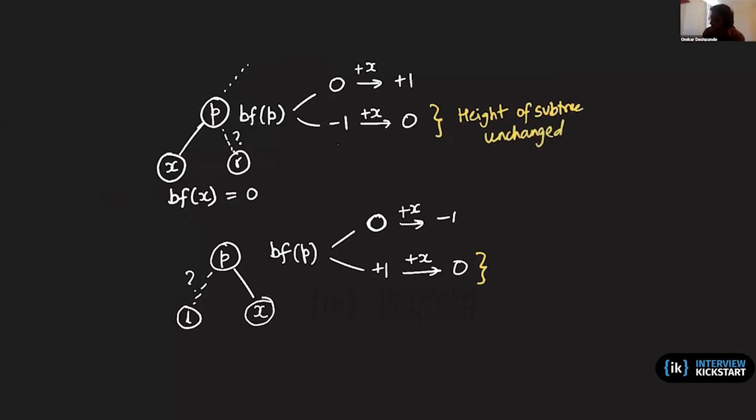And because the height of the subtree is unchanged here as well, there are going to be no repercussions further up in the tree. Because for every other node in the tree, the height of the left and right subtrees have not changed with the addition of X, in this case, when the balance factor of the parent is 0.